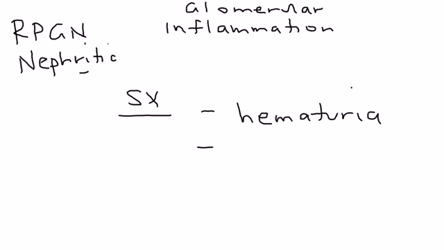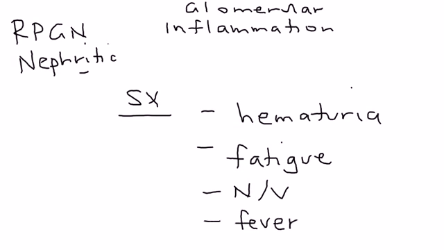Because you have kidney damage, this disease is affecting the kidney. Anytime you have kidney damage in the body, you're going to have symptoms like fatigue, nausea, vomiting. Those are very non-specific symptoms that are associated with kidney disease. Also, you can have fever, because one of the reasons you get RPGN is because of an infection.